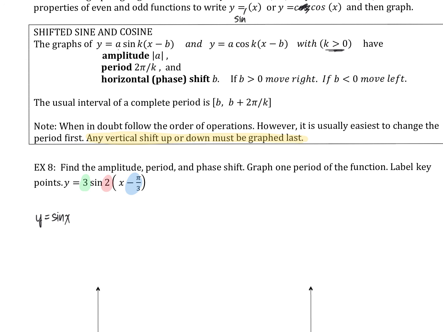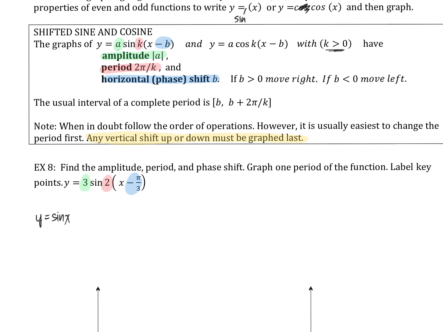So what are all of these values? Well, matching these up with what we had earlier, a, that's going to be our amplitude. Then we have that k on the inside, so that's going to change our period. And then we have the b value, so that's going to be our horizontal phase shift. Okay.